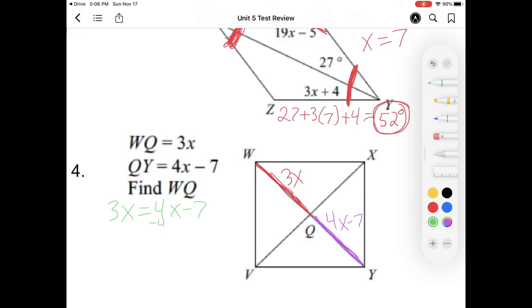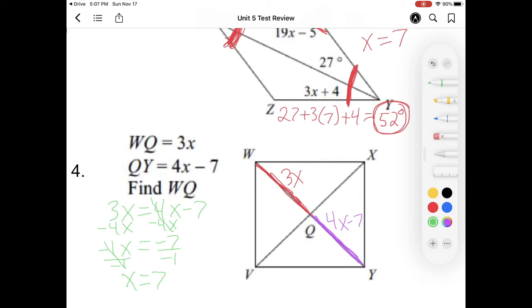So we have negative 4x, or subtract 4x from both sides. The right cancels out. You're left with negative 1x on the left equals negative 7. X is still not by itself. You've got to divide by negative 1 on both sides. So x equals positive 7.